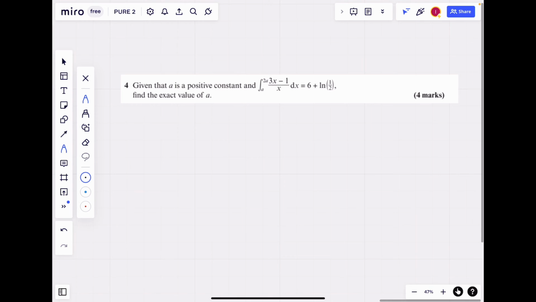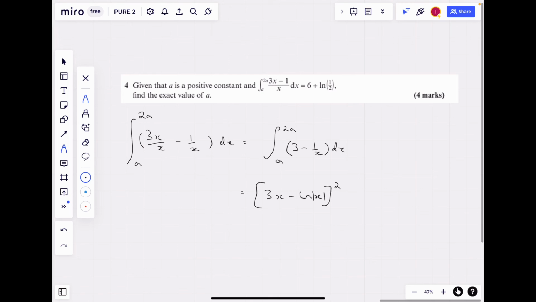In this case, you've got 3x over x minus 1 over x. 2a and a are your intervals, all with respect to dx. This is going to simplify to 3 minus 1 over x dx. When you integrate this, you get 3x minus ln x, 2a and a.